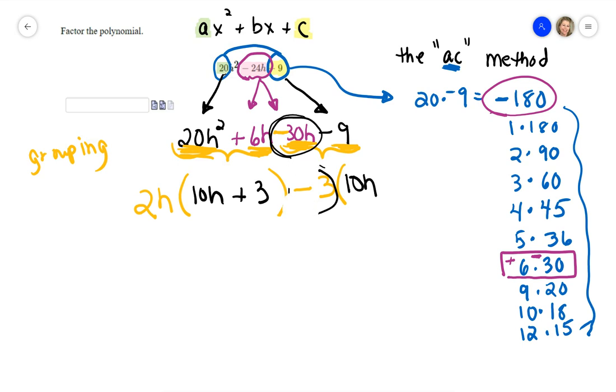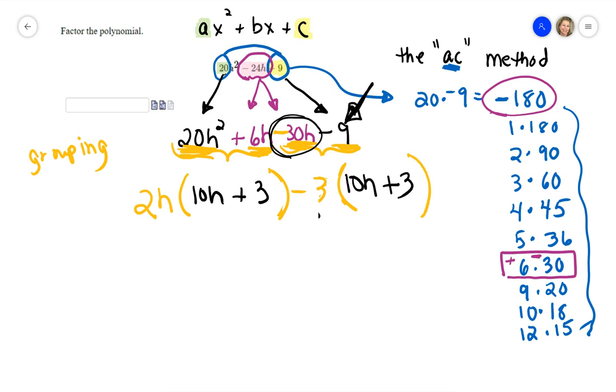Okay. Didn't mean to write that. And I've jacked it all up. Okay. And then if you take this negative 9 and divide it by a negative 3, a negative divided by a negative makes it a positive 3.